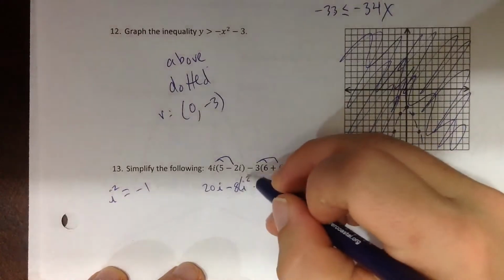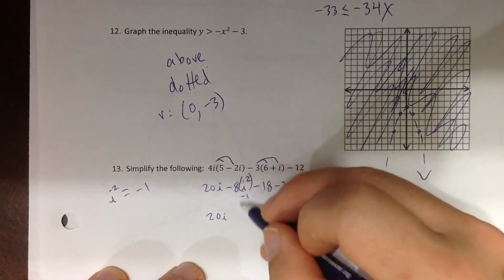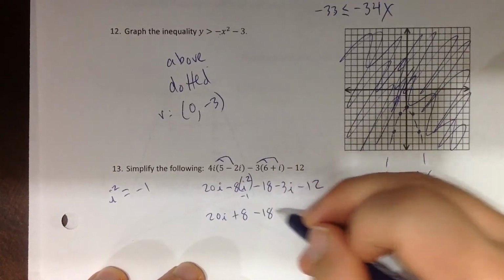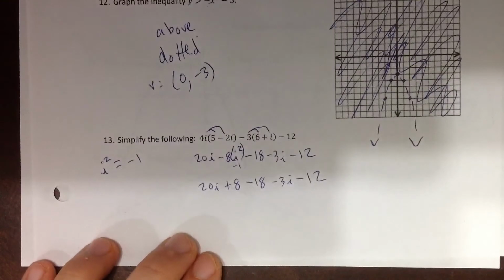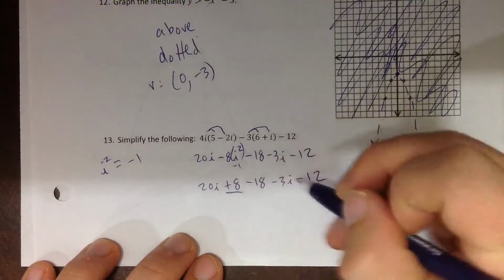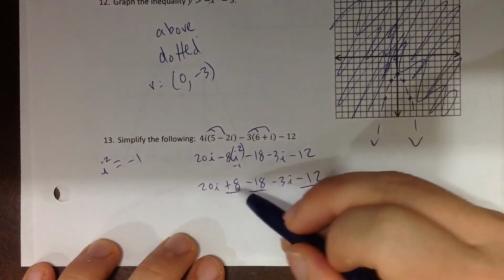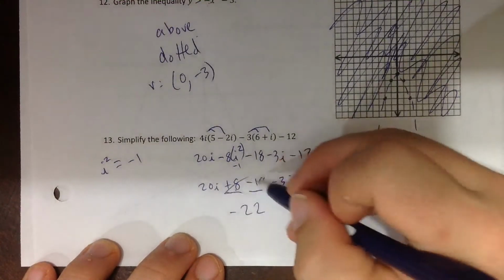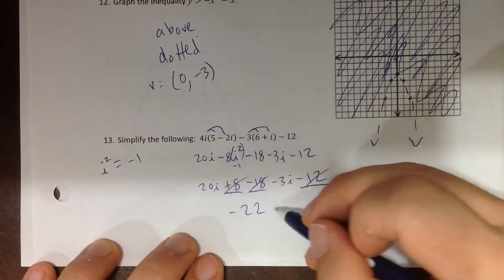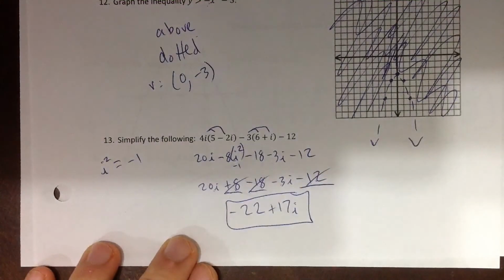This i squared, remember, is negative 1, so that makes this 20i plus 8 minus 18 minus 3i minus 12. Now we're going to do our real first. So we got positive 8, negative 18, and negative 12. This becomes negative 10, negative 22. 20 minus 3 is 17i, and so that is my answer on 13.